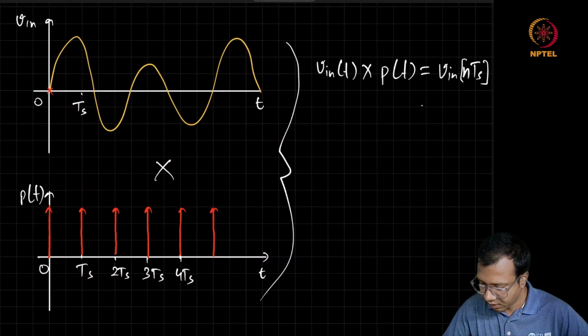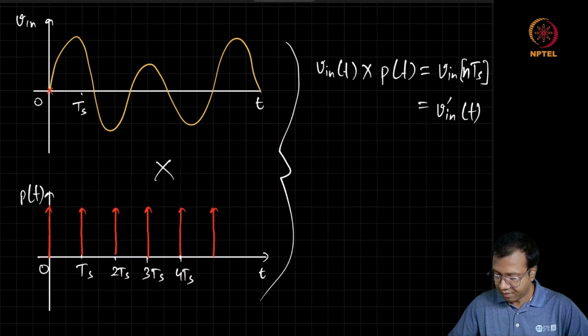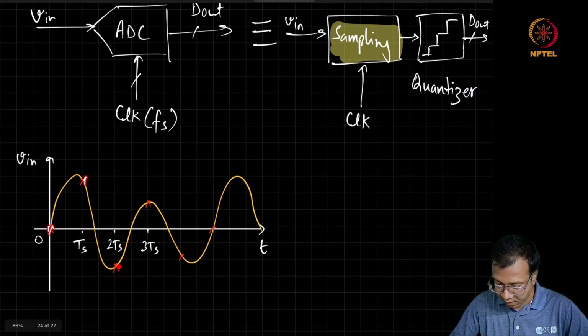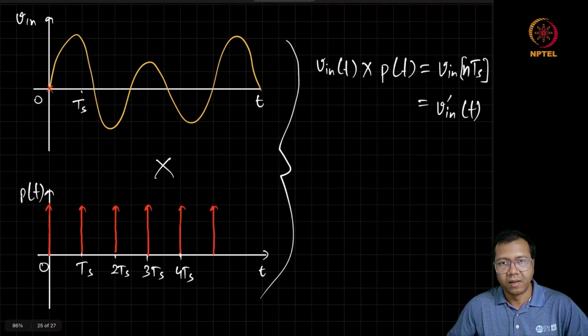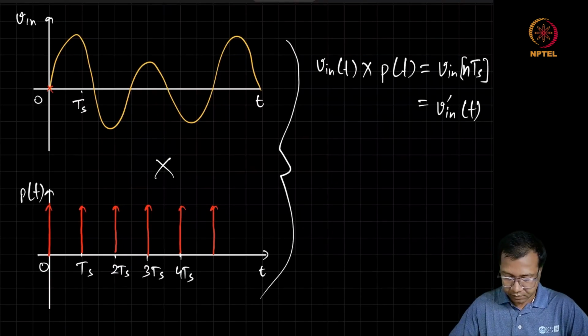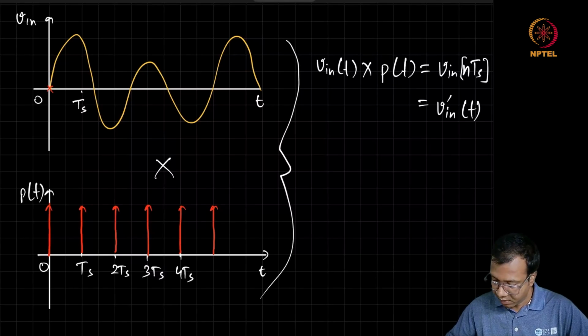Okay, let's call this signal V in dash of t. Now this V in dash of t is going to only have these impulses which are spaced at Ts.